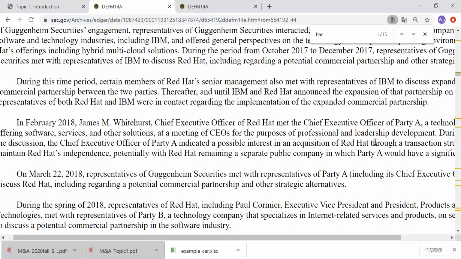So you can see this is a deal that was initiated by a third party, not IBM, not Red Hat, but a third party. Last time we talked about different ways to initiate a deal. It could be initiated by the final bidder, the final acquirer. It could be initiated by the target. It can also be initiated by a third party, which is typically the case here.